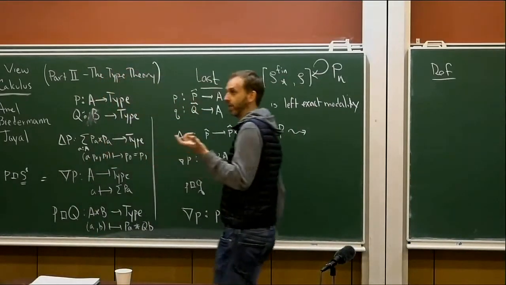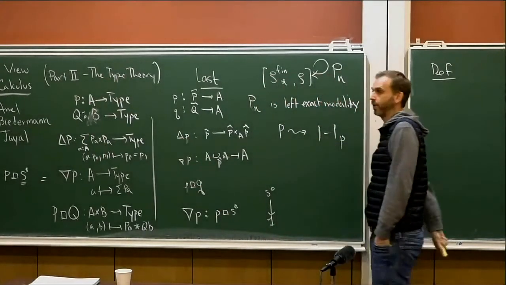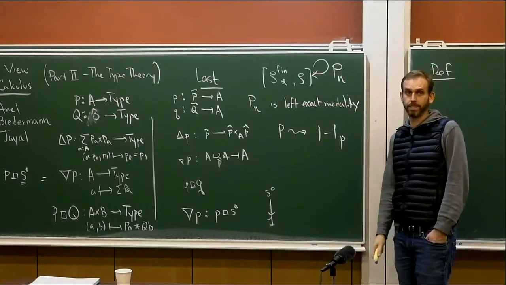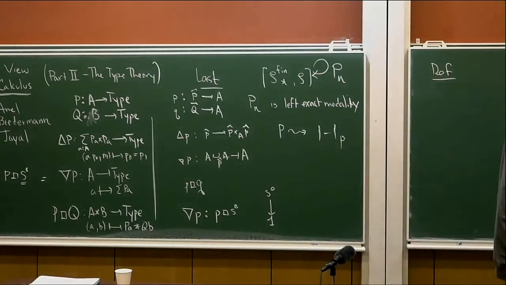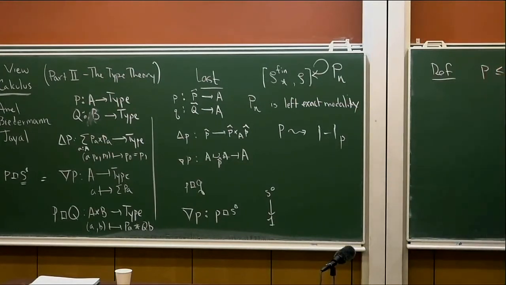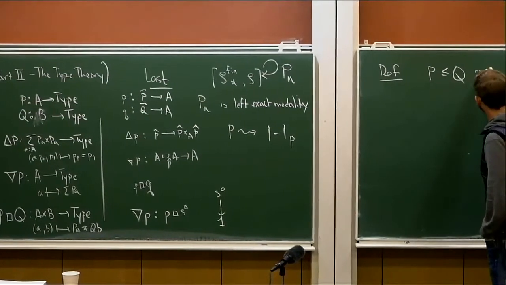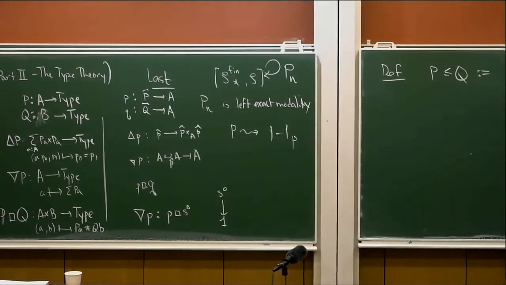Okay, that's called nullification at P. And so you get a modality for every type family, the nullification at P. And so this induces a relation on type families where I can say P is less than or equal.